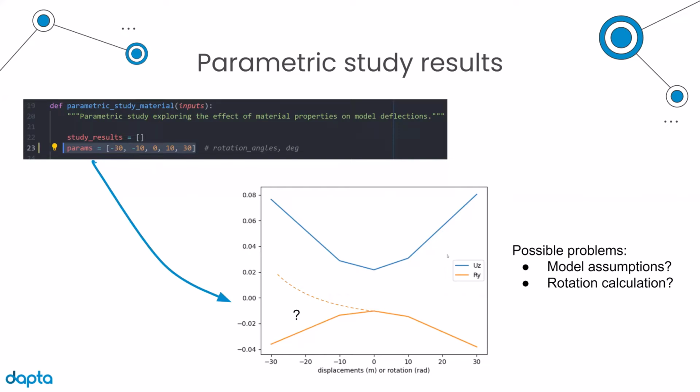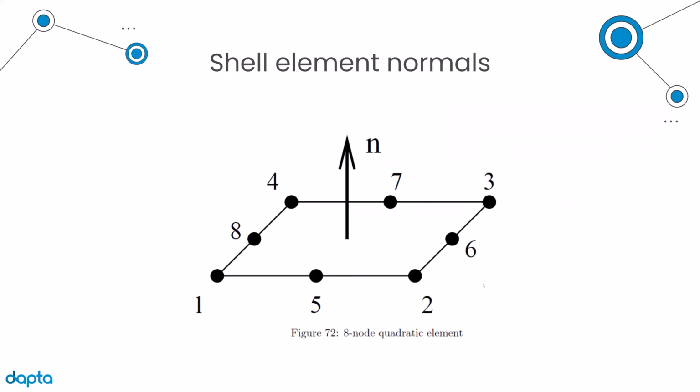There could be several problems, and in fact, I will show that we have both of these in our analysis in the last version. So the first one is that we are maybe not making the right modeling assumptions compared to what we want to analyze. And the second one is that there's actually some problems with the rotation calculation. So both of those can be fixed, and I'll be going through the steps related to this in the next few slides. So the first one is modeling assumptions.